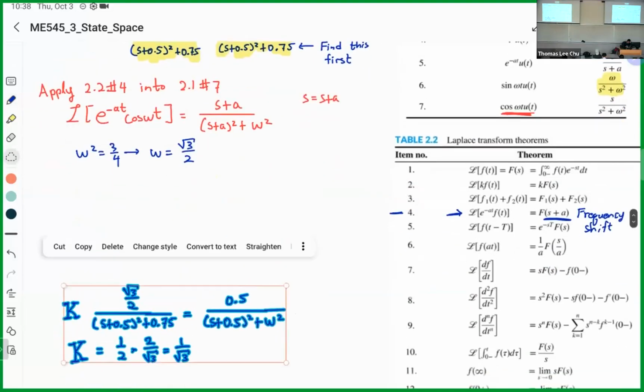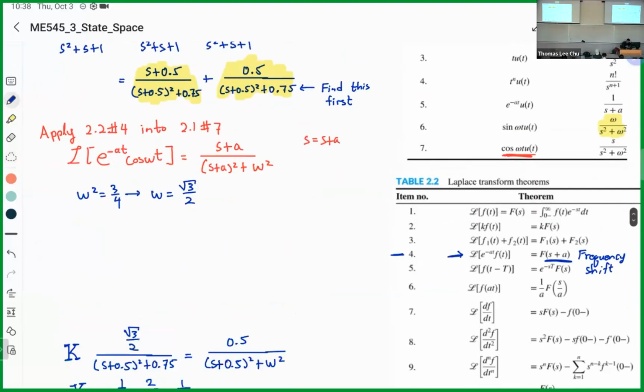I want 0.5 divided by s plus 0.5 squared plus 0.75 to be equal to some constant k times something, because what we're trying to do is manipulate the term such that we have omega in the numerator instead.